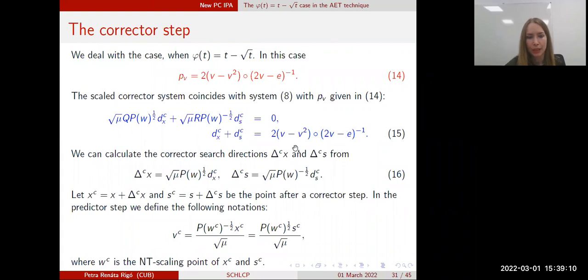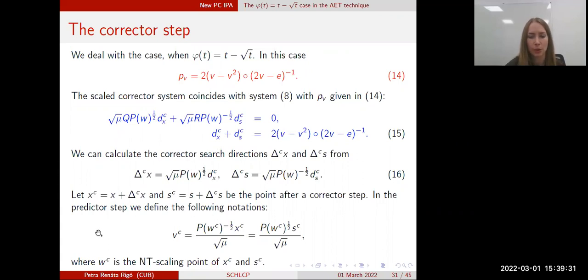And from here, we can calculate the corrector search direction by also using the scaling notations. We determine the scaled directions dxc, dsc, and after that, by using this quadratic representation, we obtain the corrector search directions.